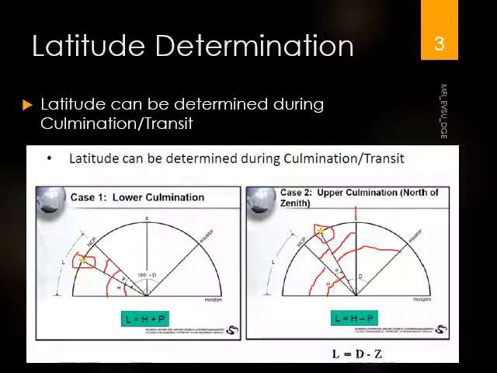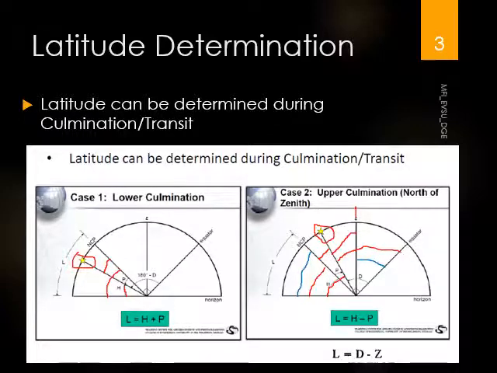The latitude of the place is this one here. Do you see it? This is the latitude. It is similar to this one. This is from the equator to the zenith, or the north celestial pole to the horizon. That is the latitude of the observer.